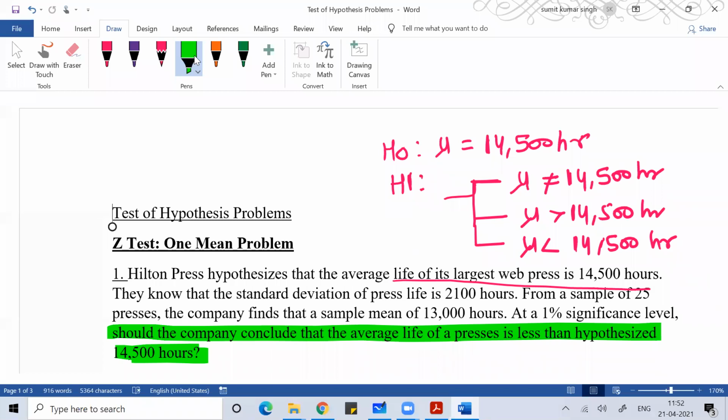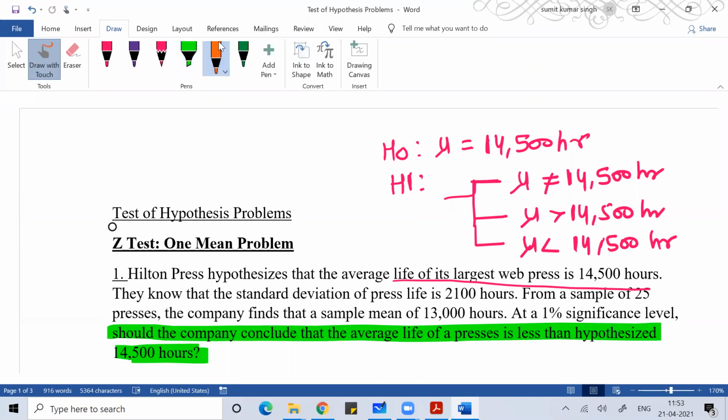Whenever you are trying to prove this, three possibilities you can write in the alternative hypothesis. One possibility is that it is not equal. The second possibility is that it is more than what is given, or alternatively you can write that it is less than. Always you write what is given.